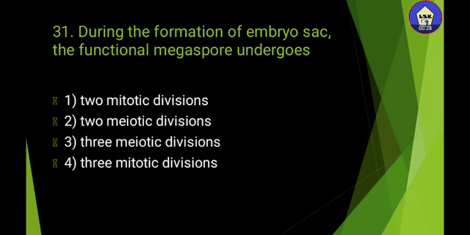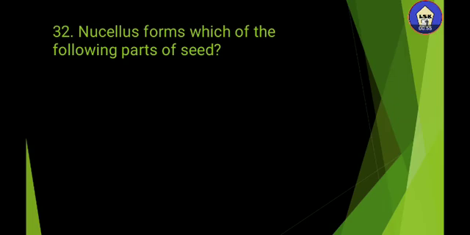But how many mitosis takes place? You know, the matured embryo sac is 7-celled, 8 nucleated. Megaspore develops into embryo sac. Megaspore consists only 1 nucleus, but the matured embryo sac consists 8 nuclei. So 1 nucleus develops into 8 haploid nuclei, means it has to undergo 3 mitotic divisions. So the answer is 3 mitotic divisions.